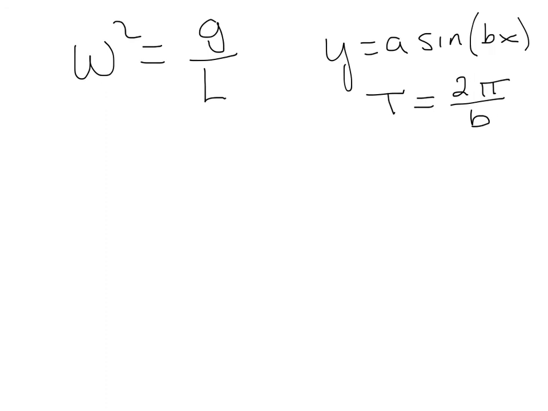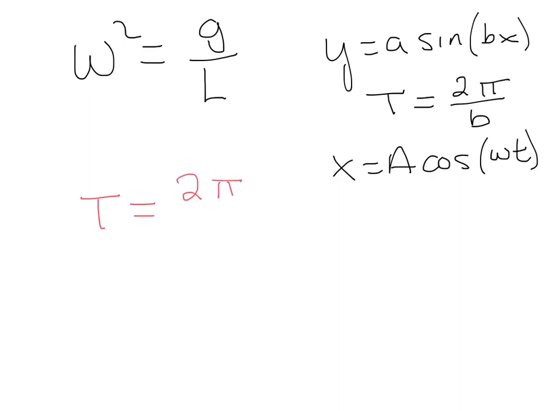So in terms of our equation, where we had x equals a cosine of omega t, playing the role of b is omega. So period is equal to 2 pi over omega. This is a common physics formula.